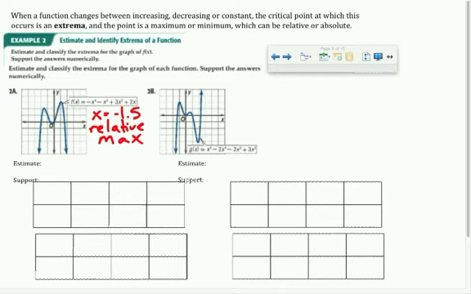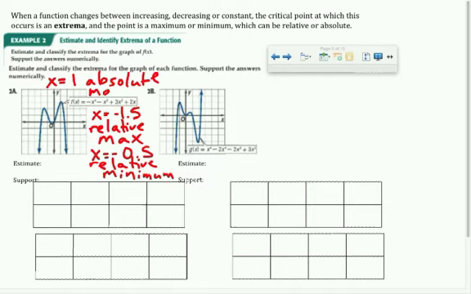At -0.5, it would appear that I have a relative minimum. And at approximately x equals 1, running out of space, it looks like I have an absolute maximum.